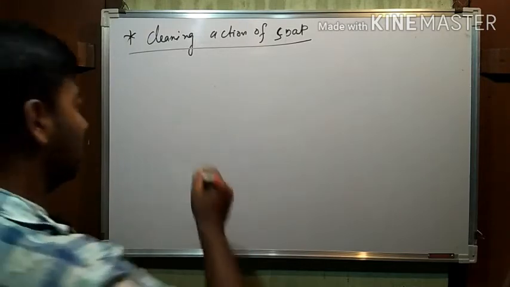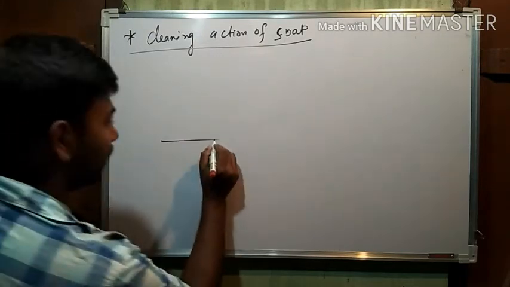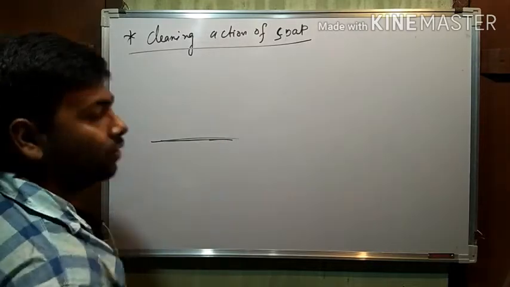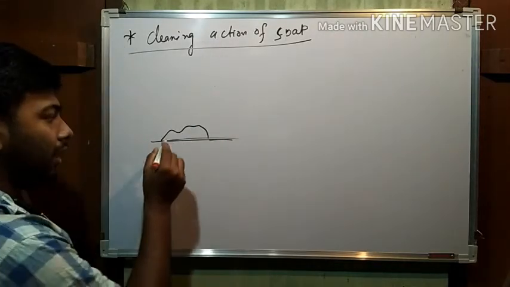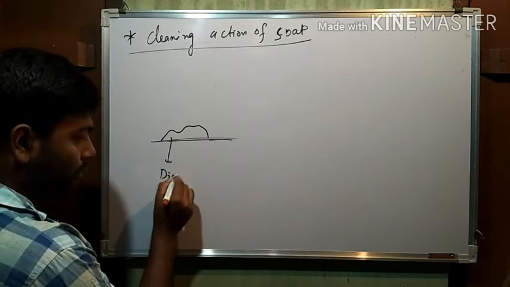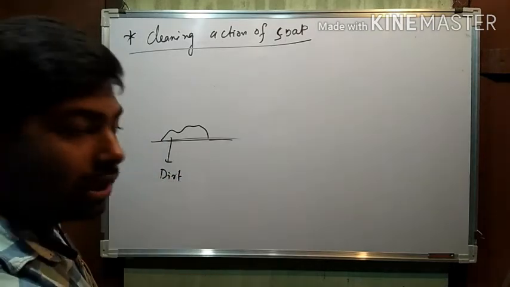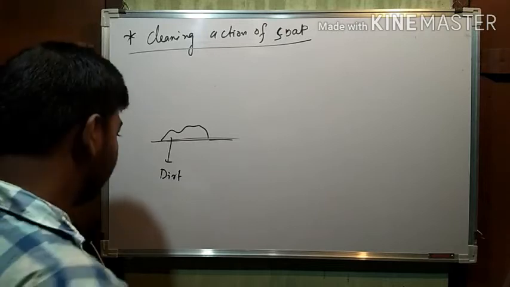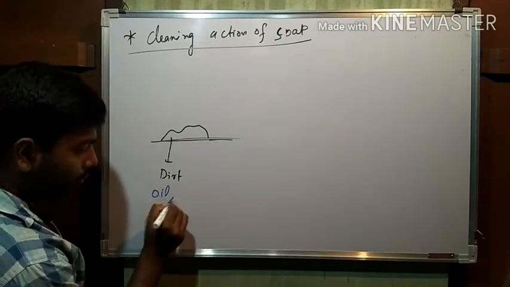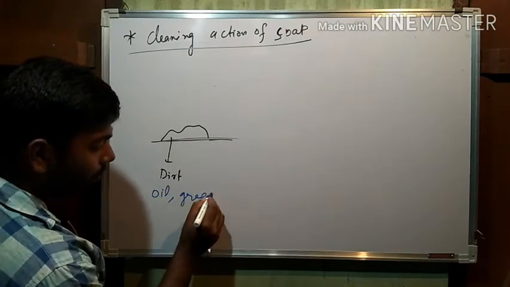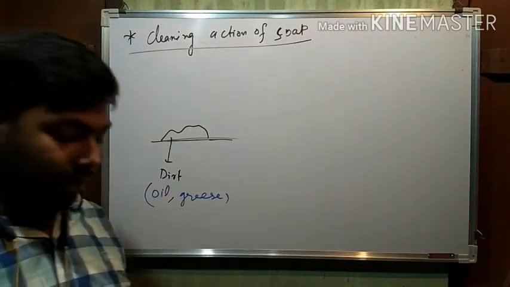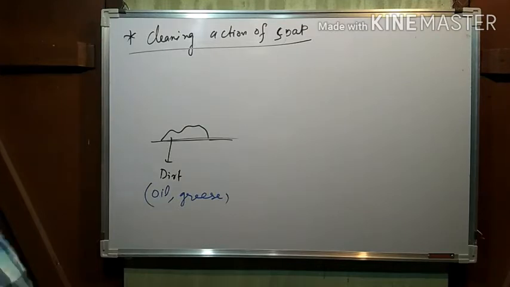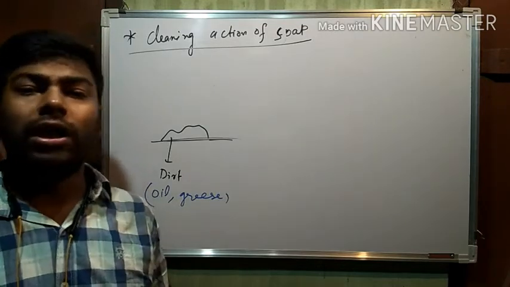Now let us take, here is a simple surface of cloth and here is the dirt. Suppose dirt is an oily type substance, or oil or grease, which is water hating, not water loving.